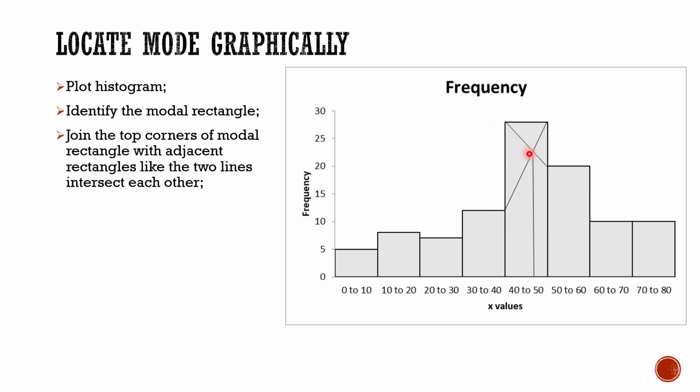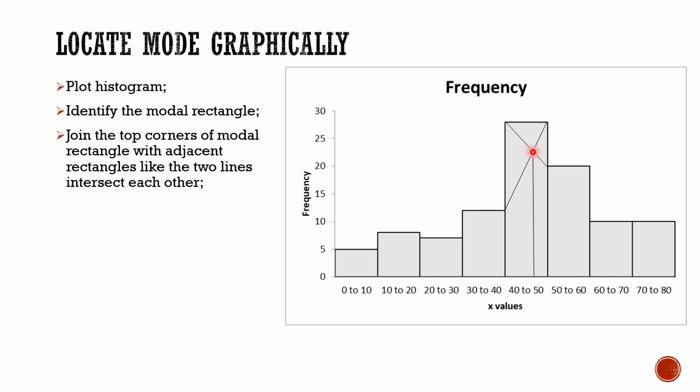As you can see here, the two lines must cut each other. You combine this point with the adjacent highest point, and this point of the modal class with the preceding class's rectangle, and these two intersect at this point.